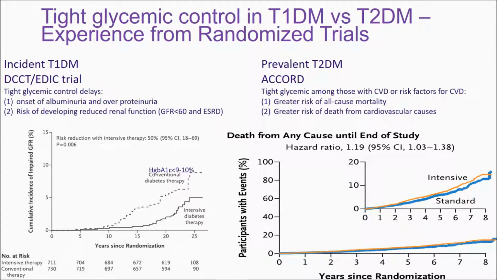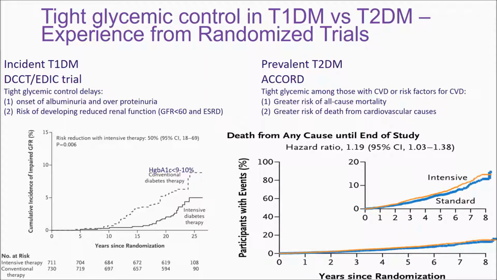When it comes to treating diabetes, it's important to identify whether you have incident diabetes or recent onset diabetes, or prevalent diabetes. Unfortunately, many older adult patients who are diabetic may have a long-standing history of diabetes and microvascular complications, such that if you look at the ACCORD trial, which looked at tight glycemic control among those at higher cardiovascular risk, they found really no difference between standard and intensive control of glycemia in these diabetics.